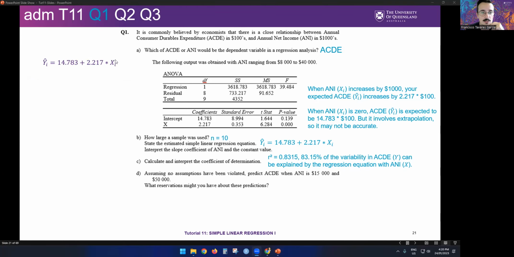What I want you to do is to replace the xi by 15 or 15,000. And I want you to think a little bit: what value should you have here so you can calculate our expected value of expenditure? Can I have it on chat? It's pretty simple. You just use the calculator.